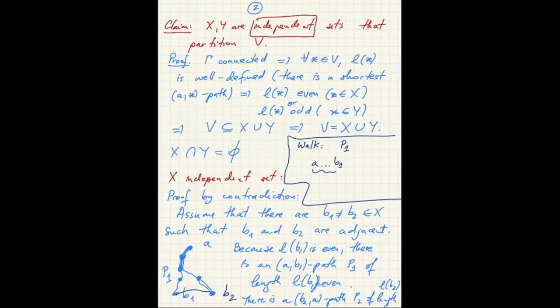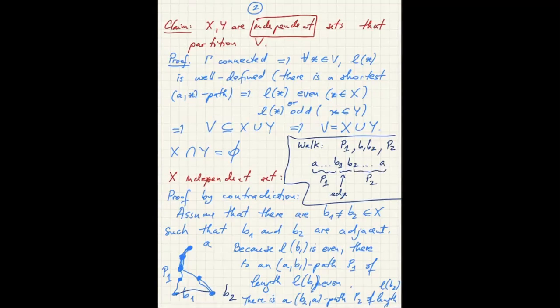So these are the P1 path. Then we use the edge B1, B2. This is an edge by our assumption. So it's a legit walk so far. And then we do the path P2. So now we go from B2 all the way back to A. And this is the path P2.